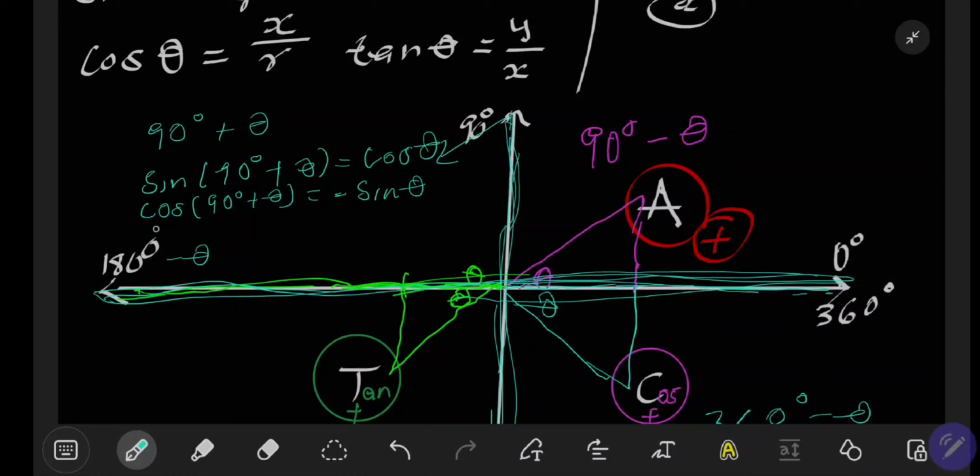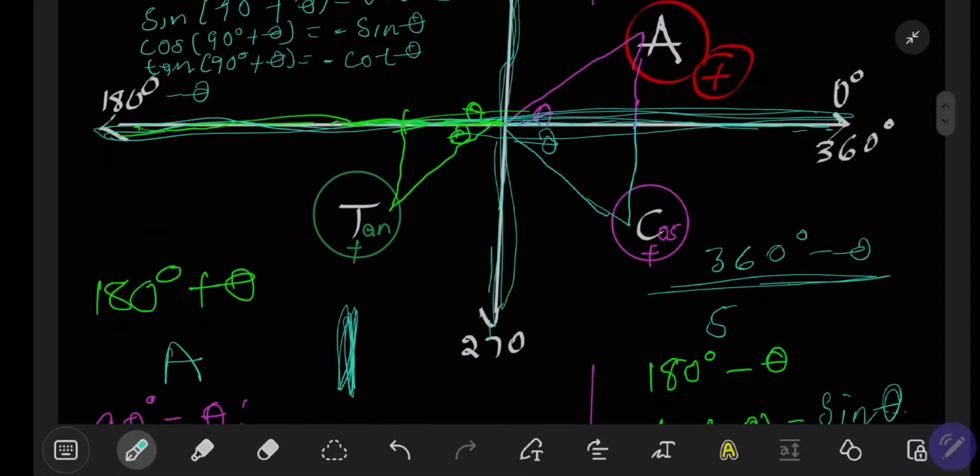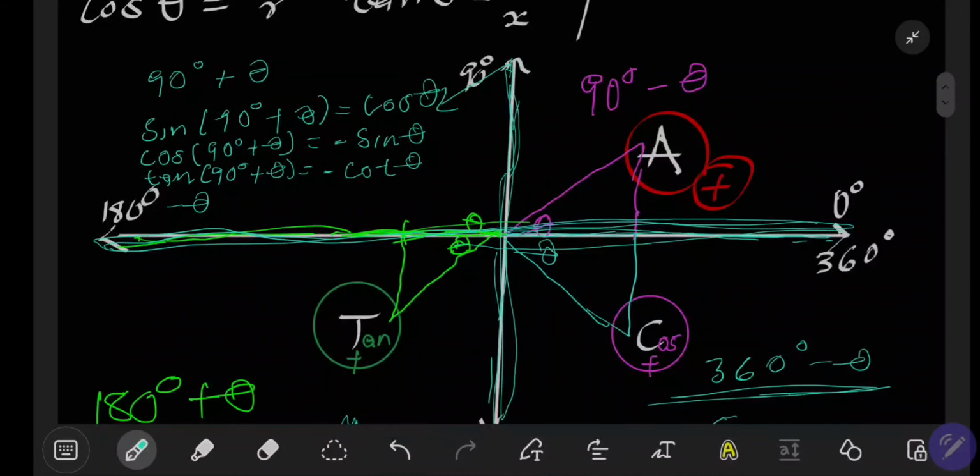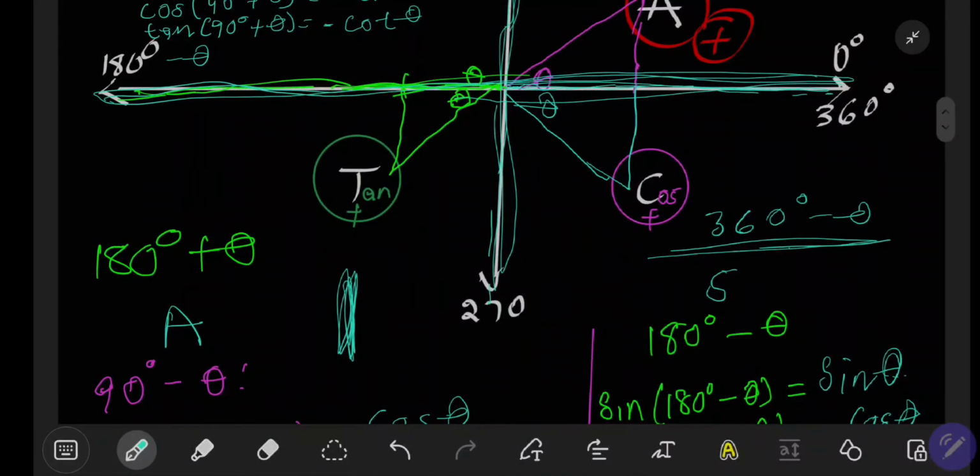Then similarly, if we have the tangent of 90 degrees plus theta, then we know that tan is negative in the second quadrant. Then now this changes to what? The co-ratio of tan is cot, and then we have our reference angle, which is theta there. All right, so this is how we deal with the ones on the vertical line, or on the y-axis line.